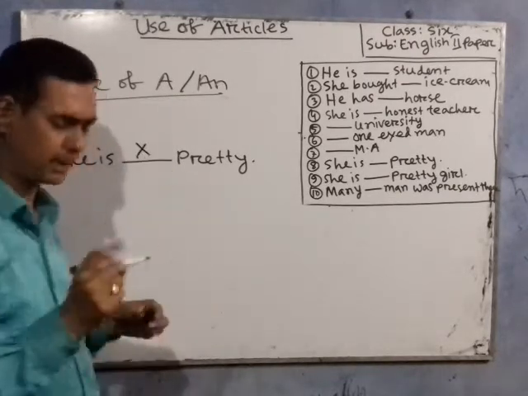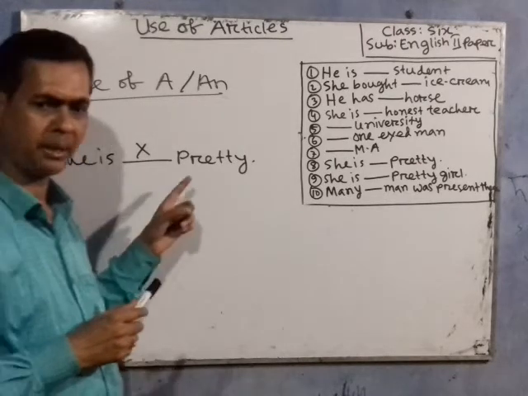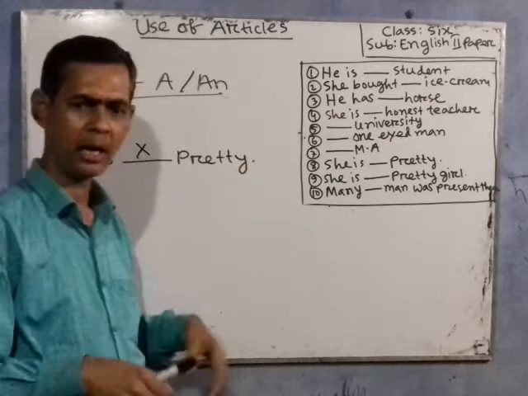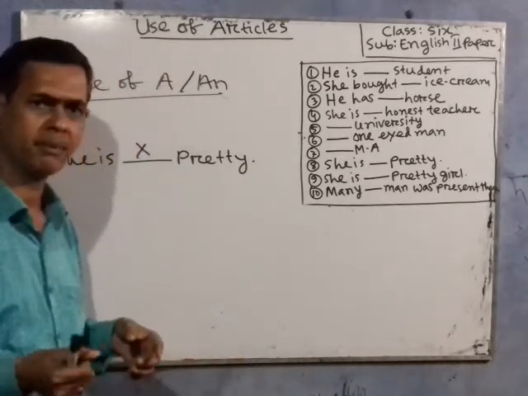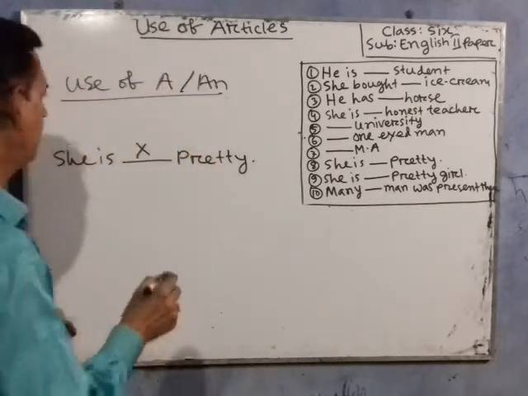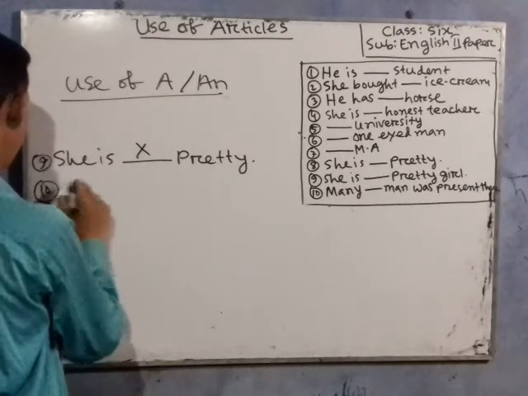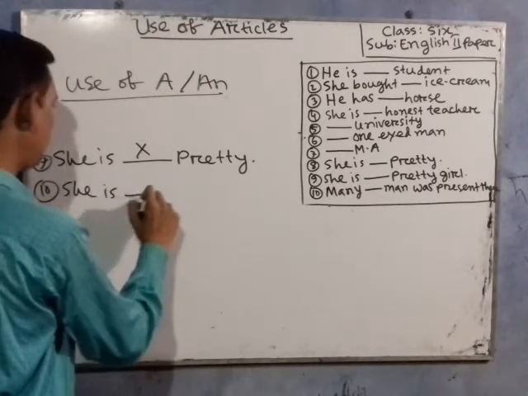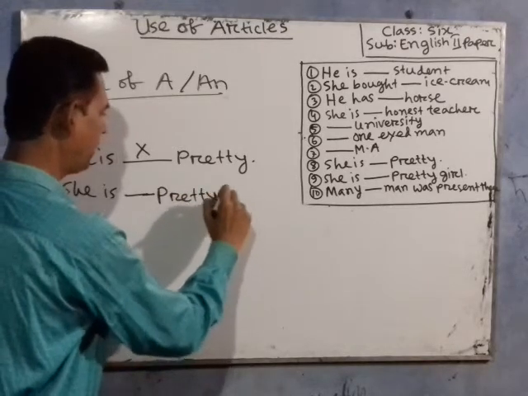But you have to remember that if there is a noun after the adjective, then A or N will be used. Such as number 10: she is dash pretty girl.